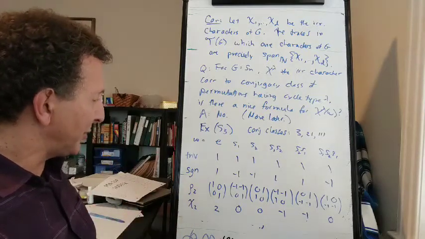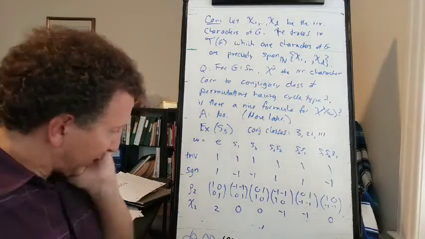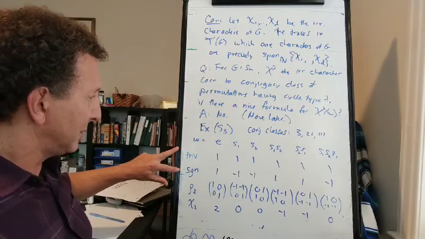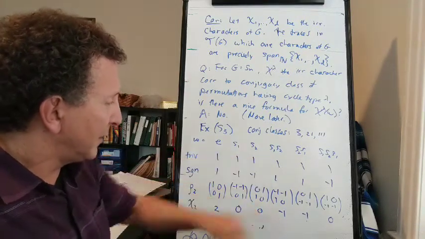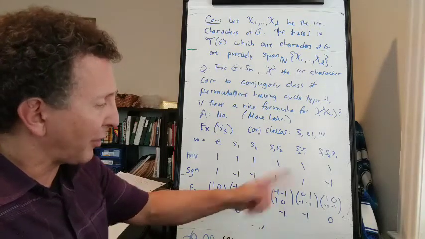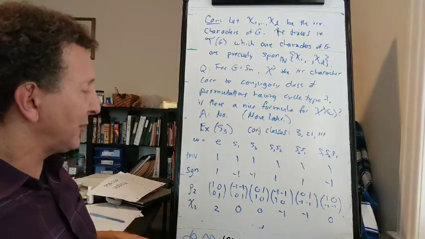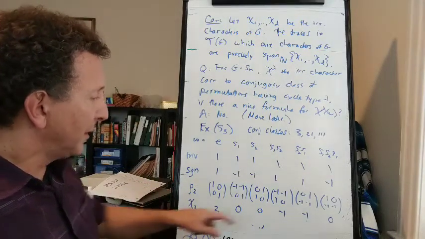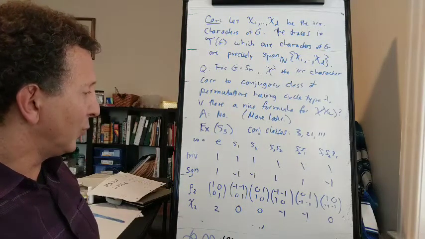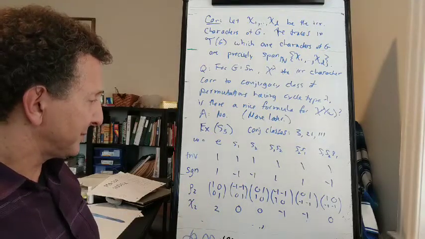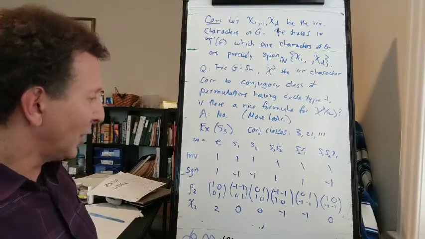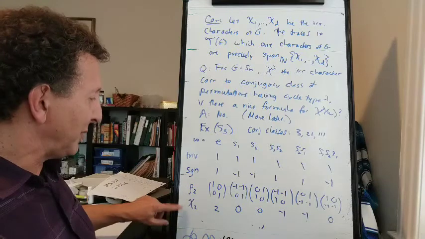There could be one other one-dimensional character, and this could be a linear combination of that and this. But actually, it couldn't be a non-negative linear combination of either of these. And it couldn't be a non-negative linear combination of just a third one. We could maybe use the third one-dimensional representation twice. But that wouldn't have a trace of negative 1/2 to be able to use twice. Actually, I'm using a fact I haven't taught you, that we're only going to get integers here. So, okay, maybe for the time being, just believe me that this one's irreducible.